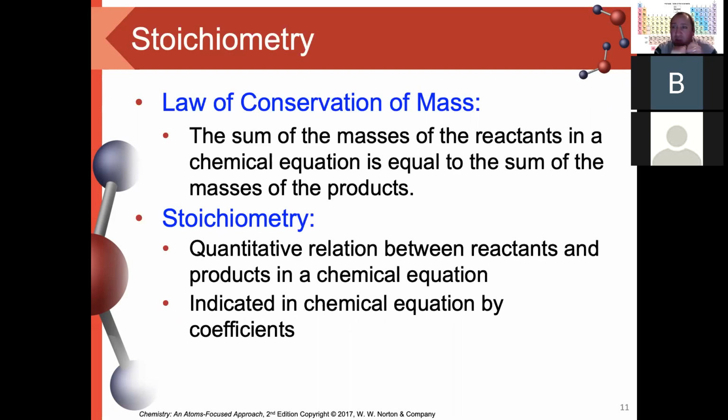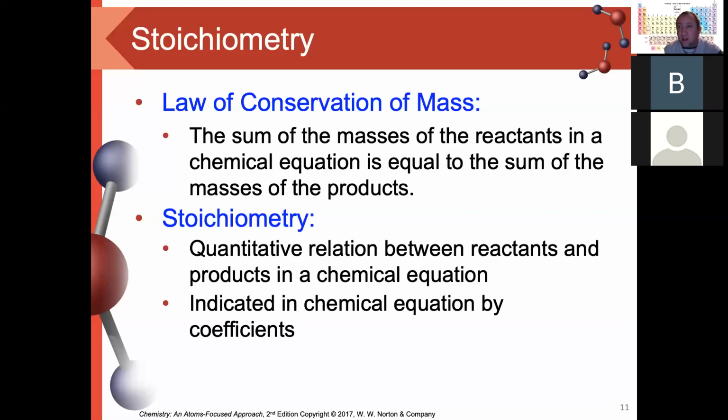Using the balanced chemical equation, we are able to go not just looking at how many grams of carbon dioxide I have if I have this number of moles, but if I have carbon dioxide reacting with iron in this reaction, how much product can I get?